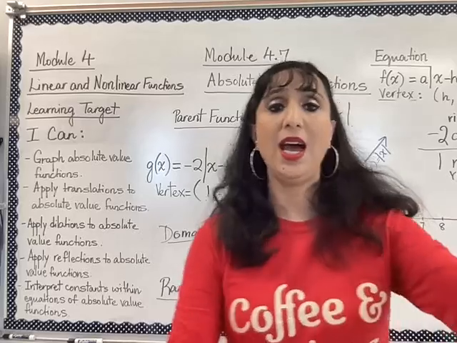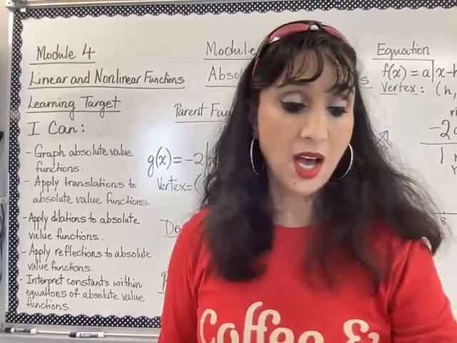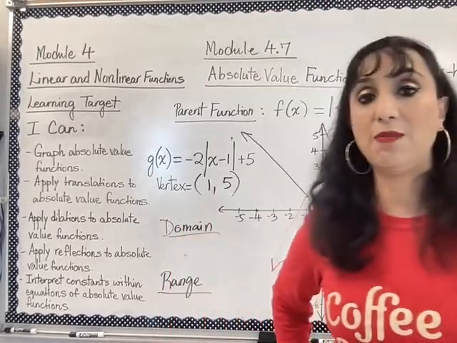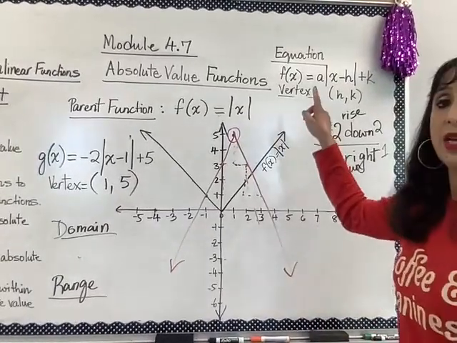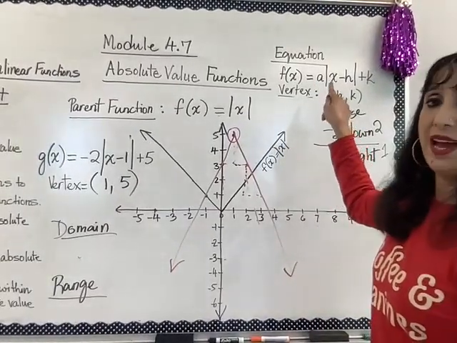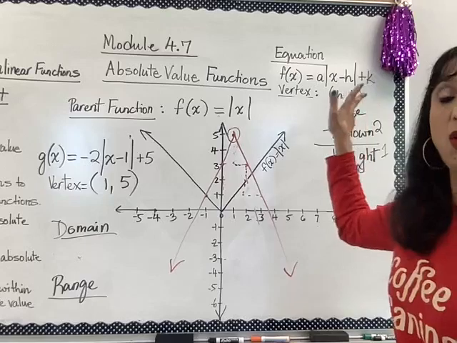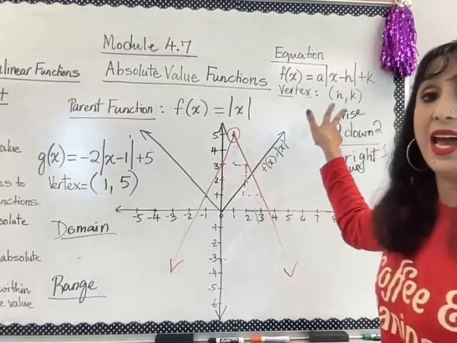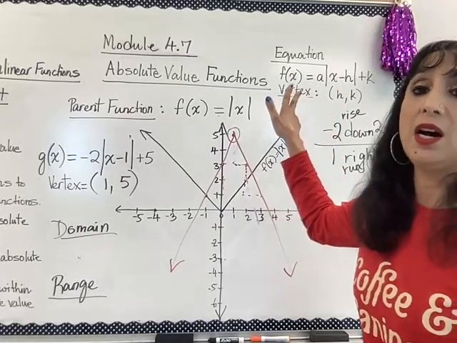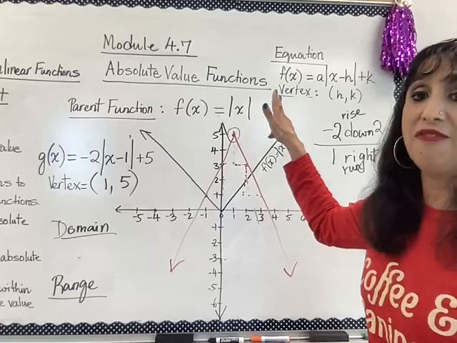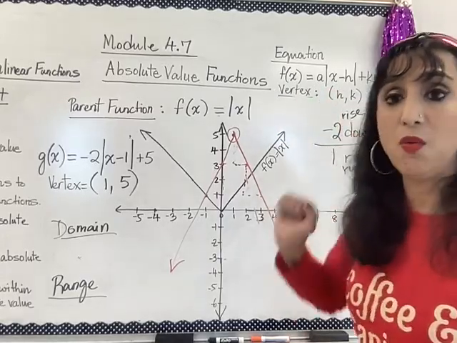And we have looked at, of course, how to find the vertex when we are graphing. And please remember, once again, in the formula that we have over here, a times the absolute value of x minus h plus k, where a, h, and k we know are the constants. When we are trying to find the vertex of the new graph, my h is always the x and my k is the y.